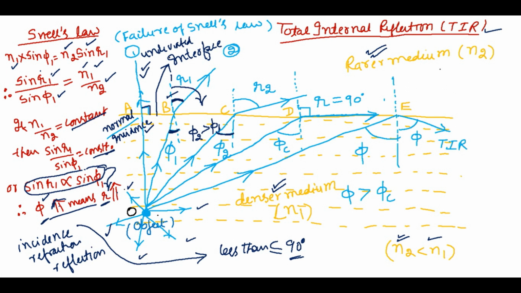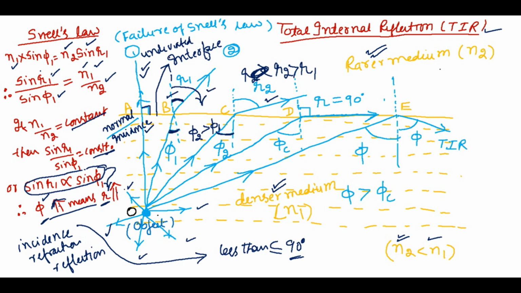That is, r2 has to be greater than r1, because phi 2 is greater than phi 1, therefore r2 will be greater than r1. So it means the second ray will be closer to the water surface as compared to the first ray.